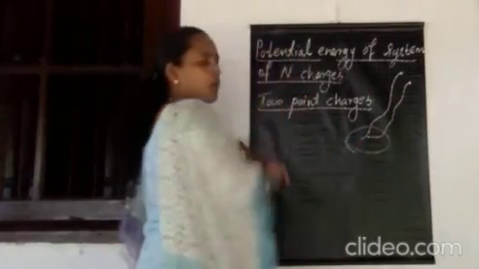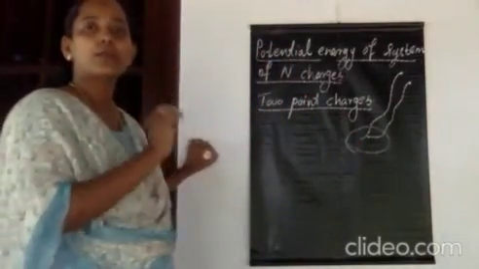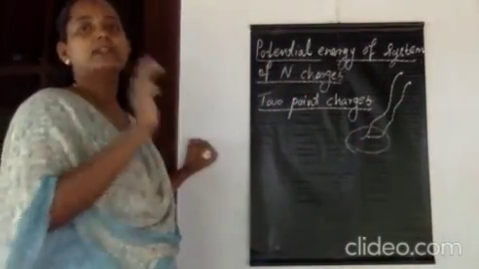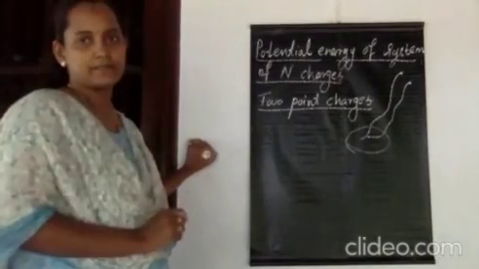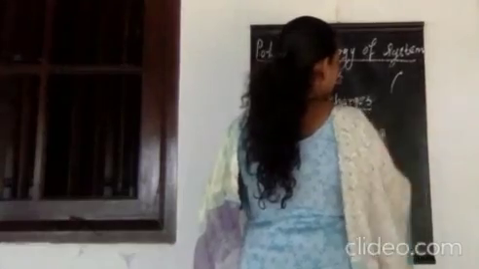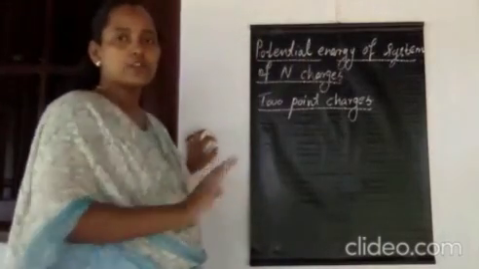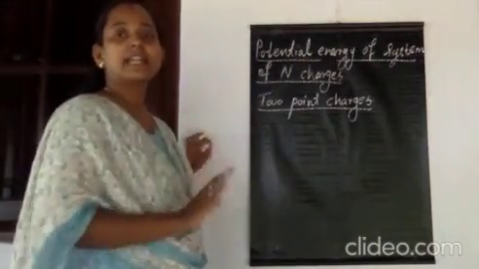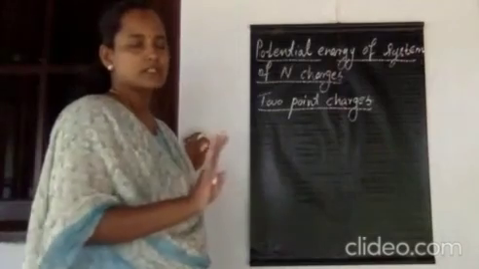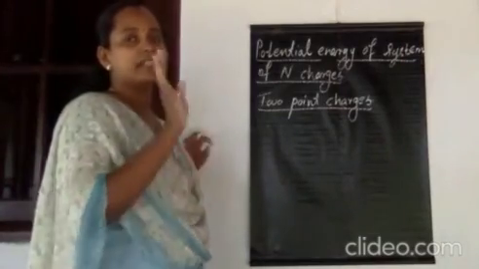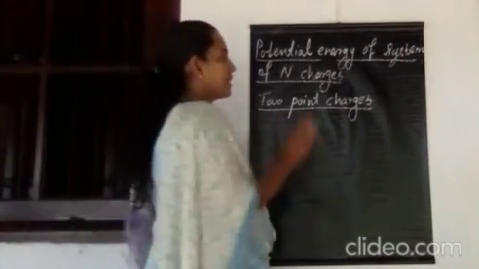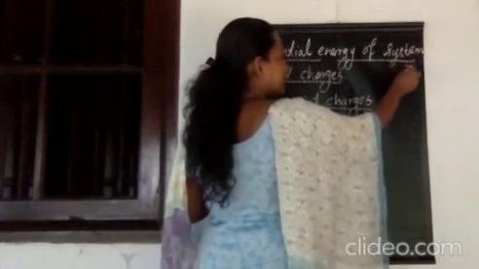And then the total work done will be equal to the total potential energy to assemble that system of 2 point charges. First of all, we are considering free space, where there is no presence of any other external electric field. So first we are bringing a charge from infinity to a given point.